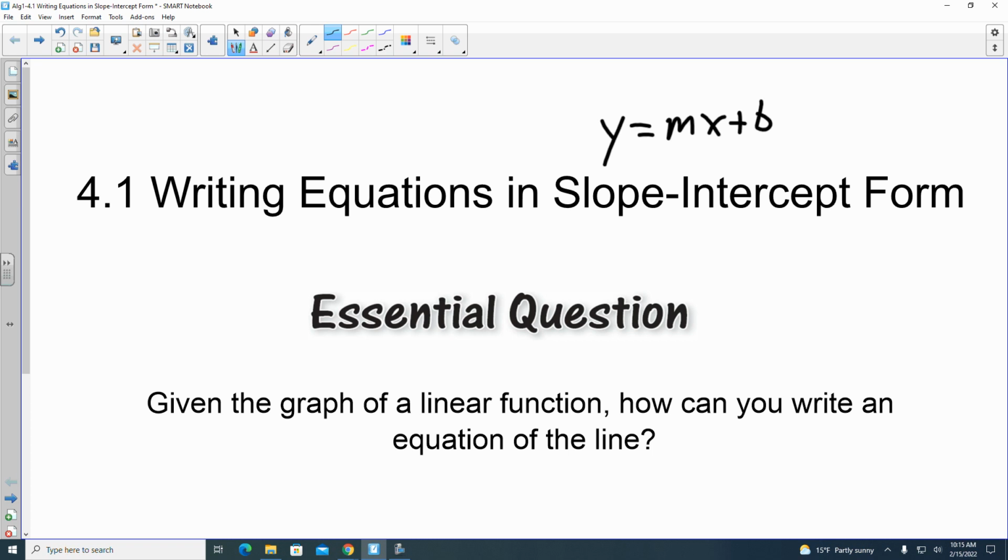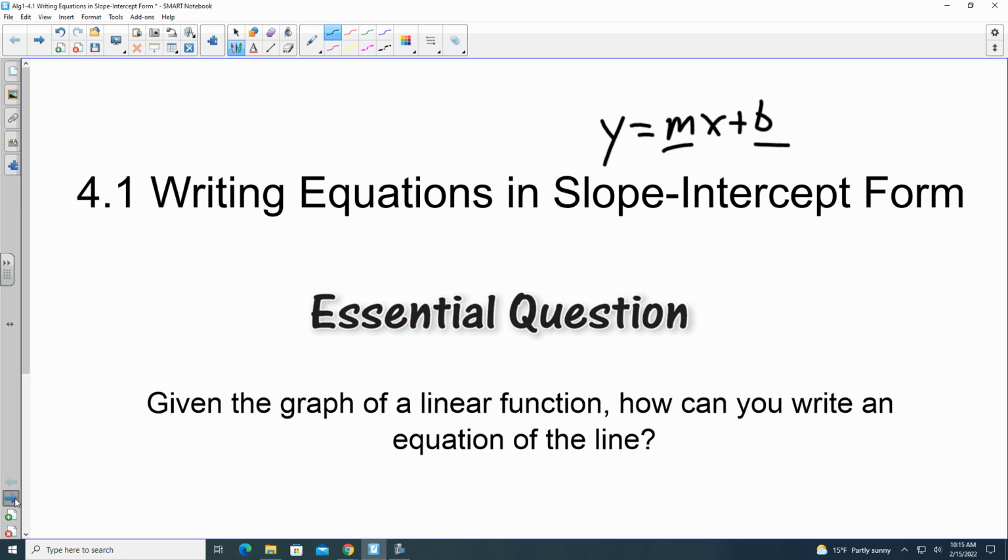So essentially, if we have our y-intercept, which is b, and we have our slope, which is m, we have enough information for us to figure out what our equation should be.